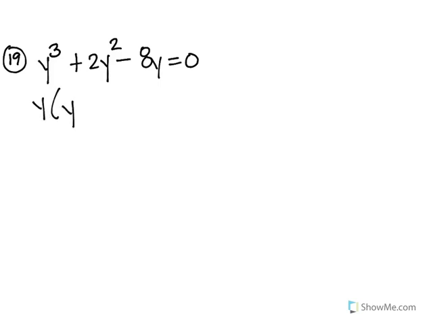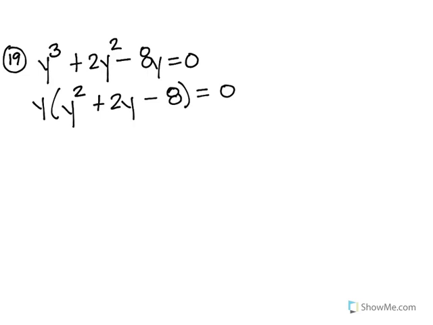19 wants you to solve. And we got y to the third plus 2y squared minus 8y equals 0. What do we do here? First, factoring is our method. What are we going to do? GCF, take off a y, and that will leave us with y squared plus 2y minus 8.